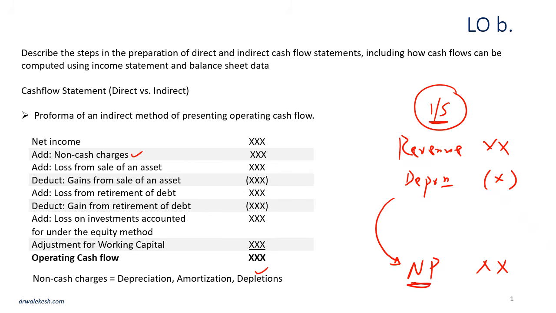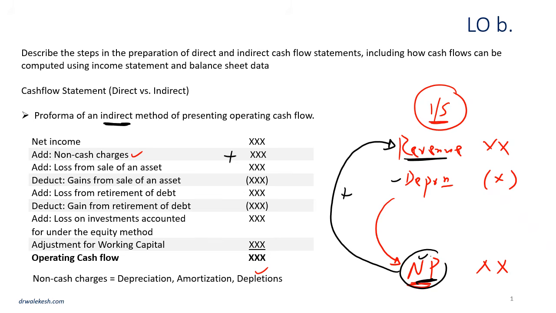But if you recall from the previous slide, we agreed that this indirect method starts with net profit. So several adjustments will be made to move back to cash revenue. Since depreciation was deducted to arrive at net profit, to move back to cash revenue, we have to add it. And that's why this is being added.